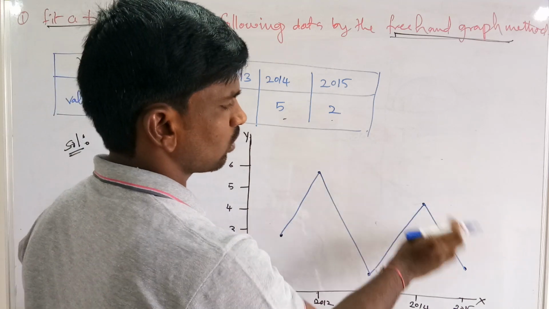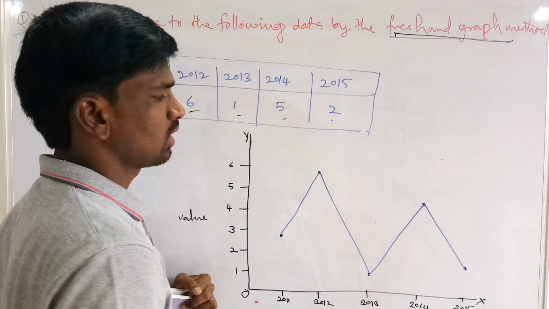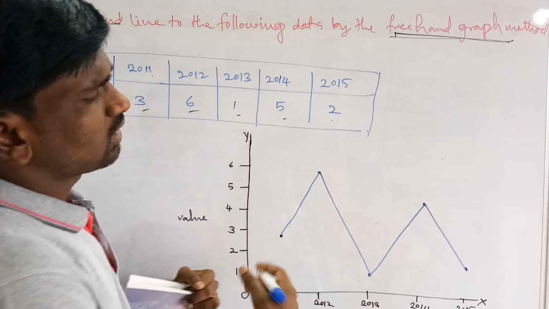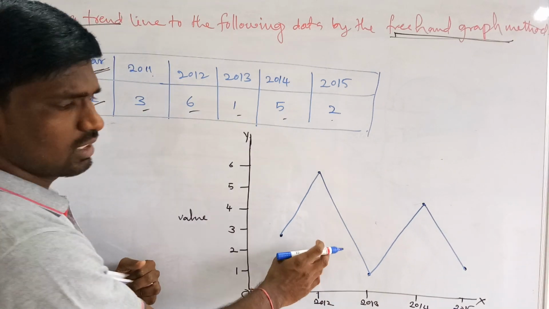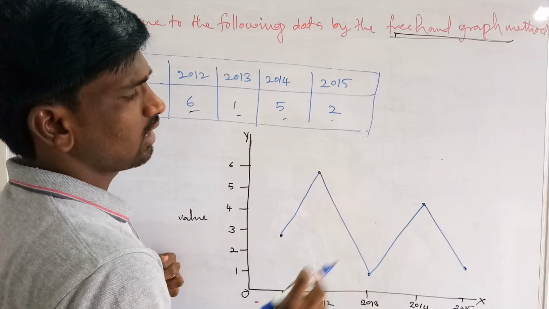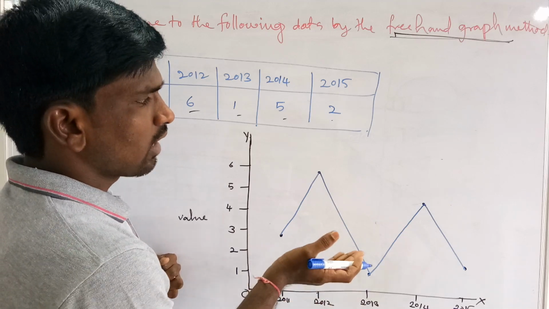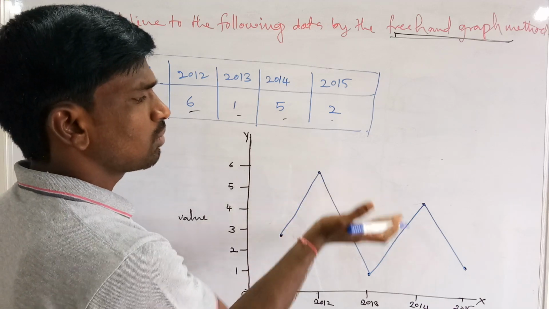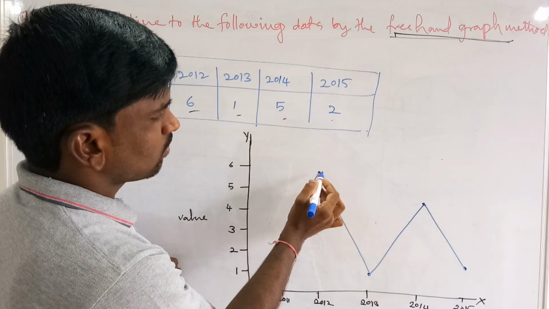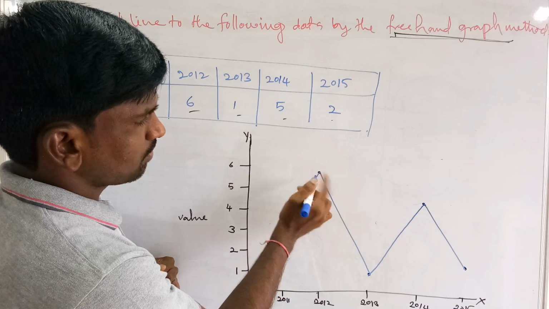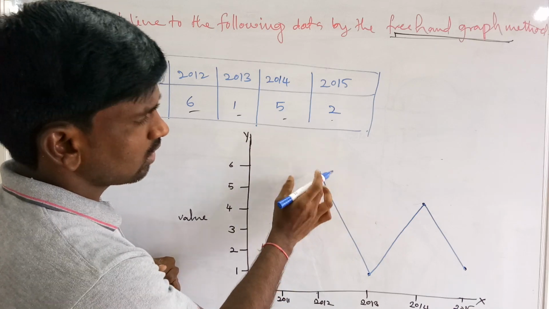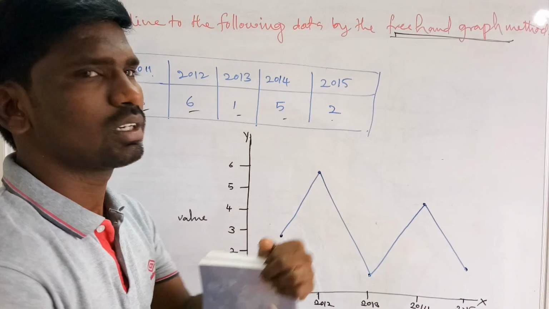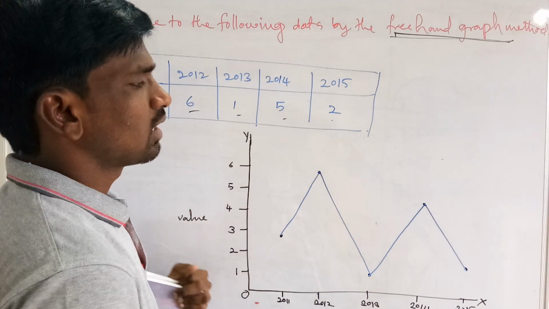After drawing this curve, we have to draw a trend line, such that the plots above the trend line and below the trend line are approximately equal.